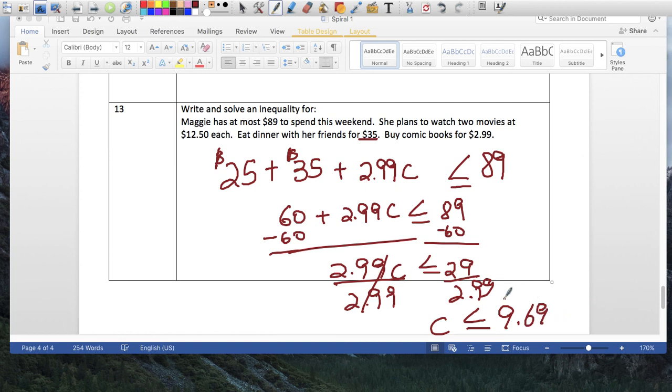Well, anyways, the greatest number of comic books she can buy is 9, because you can't buy 9.69 of a comic book, right? So the greatest number of comic books she can buy is 9 comic books. Okay, so that gives you an idea what a spiral will be. Okay, and that's that.